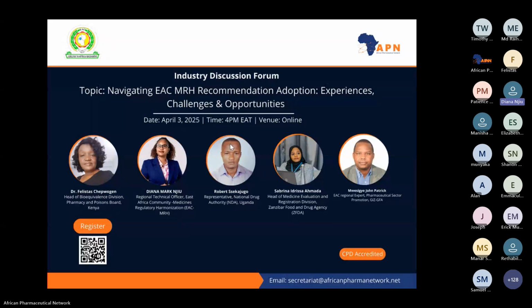There are 2 scenarios. There's a situation whereby one applicant is approaching the EAC MRH route, but at that particular time, they have never been inspected by the EAC Joint Inspection Team. So for this case, the best approach is to apply for the EAC Joint GMP inspection. For that case, each member state, each representative or inspector will be involved to participate in the EAC joint inspection.